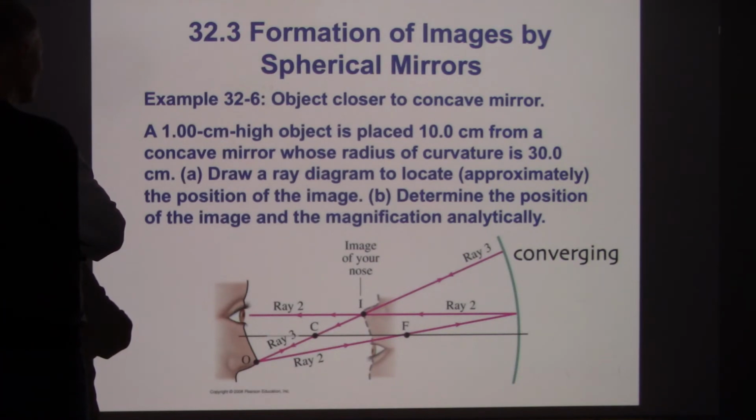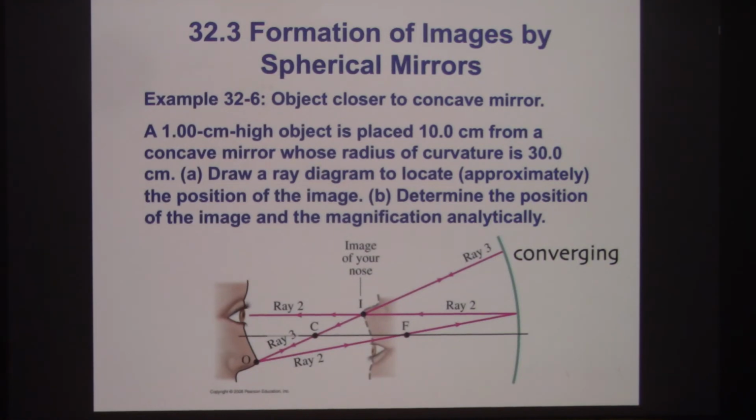And what they're saying is that we're going to place an object that is 10 centimeters away from a concave mirror. And the radius of curvature here is 30 centimeters. Draw a ray diagram to locate the position of the image.